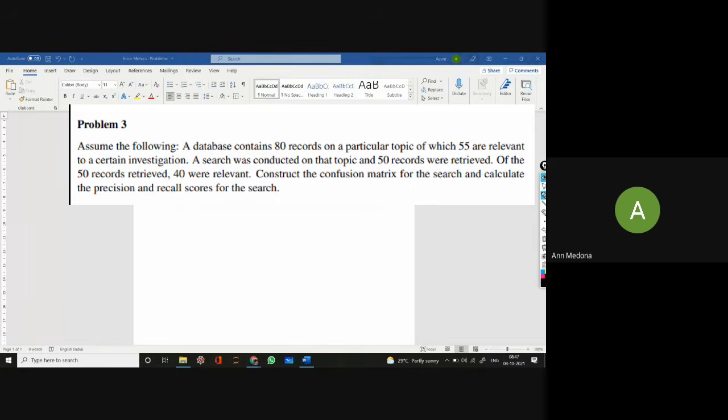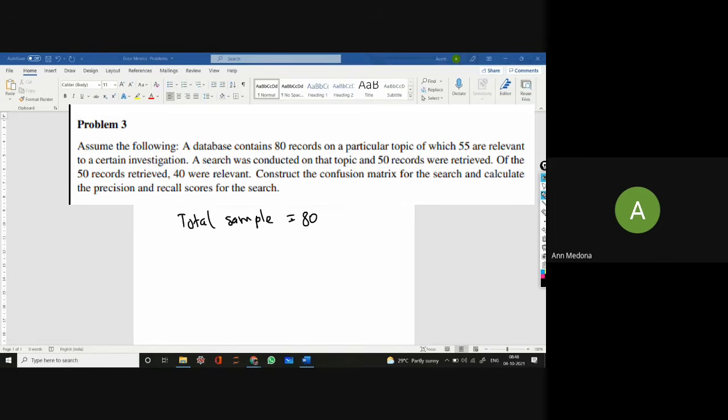Okay, so total sample in your given data, total sample is equal to 80. So you are considering a database. In your database, you are having 80 records on a particular topic, of which 55 are relevant to a certain investigation.